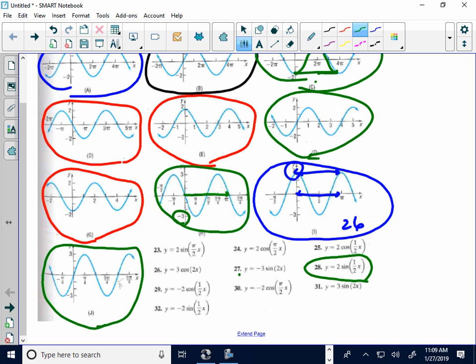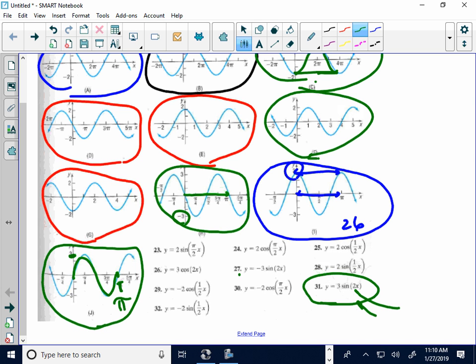Sure enough, we see the amplitude. Oops, it wasn't 28, it was 31. Okay, so it was the amplitude of 3, and the period was pi. So right side up sine wave, good. Amplitude of 3, and period is pi. Right? So this is pi right here, halfway between 3/4 of a pi and 1 1/4 pi is pi. Okay, so that's J.